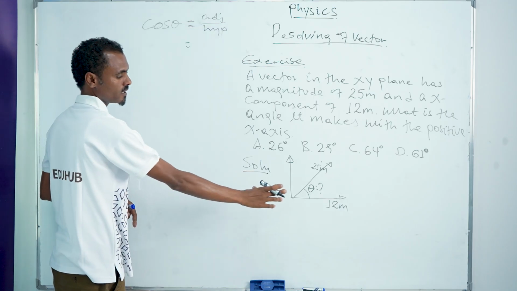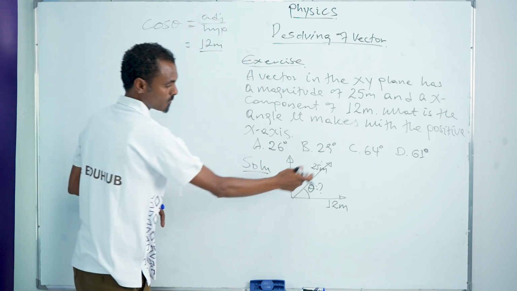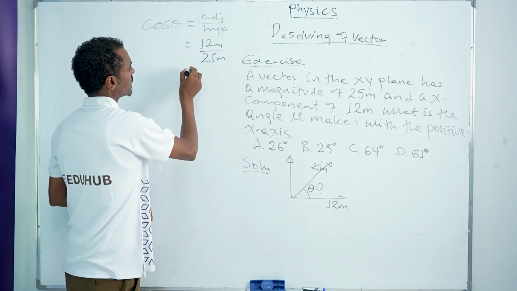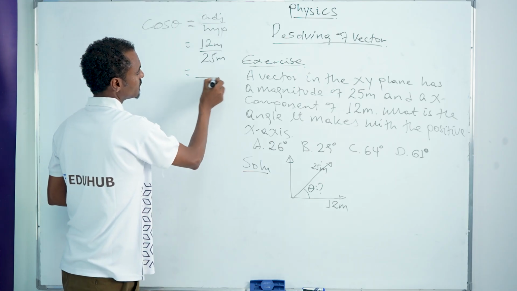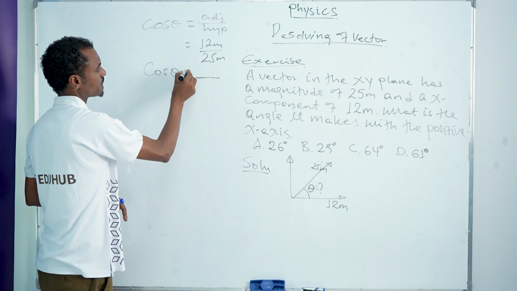Our adjacent side is 12 meter, and our hypotenuse is 25. This gives some value for cos theta.